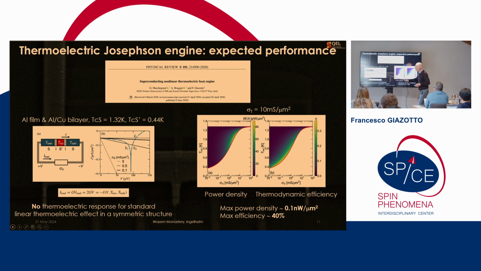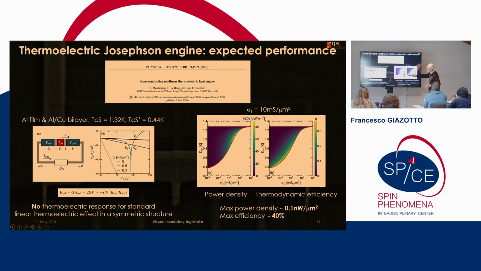So, no thermoelectric response is expected in the linear thermoelectric effect in a symmetric structure, okay? So you cannot make NP-PN. NP-PN, they will balance completely, so there is no way to make it this way. So this is why the thermoelectric effect is completely different from what was so far studied in different systems, okay?